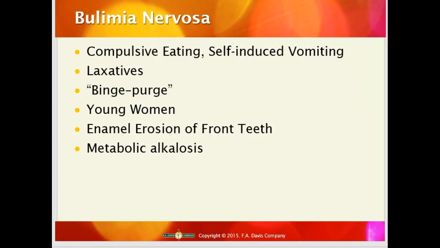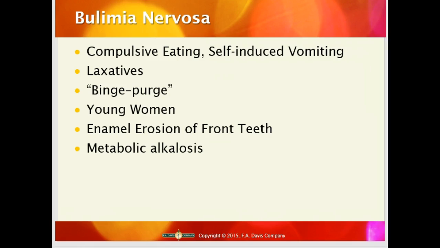Now we have our bulimia nervosa. They eat massive amounts of food at one sitting and then purge the food by intentionally inducing vomiting so weight is not gained. They excessively exercise. Many of the same symptoms as anorexia nervosa, with few exceptions. They spend a lot of time in the bathroom, especially after meals.